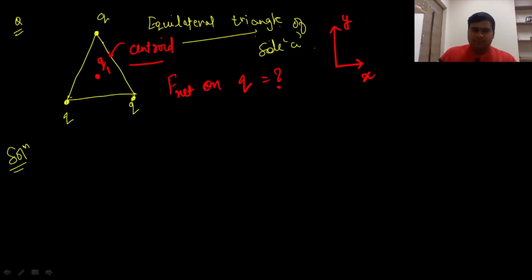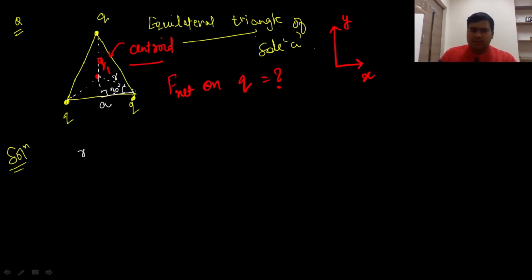So first of all, I'm going to draw this. We have this side as a, this would be perpendicular, so this distance will be a by 2. This angle is 30 degrees, and if we say this is r, how can r be written?